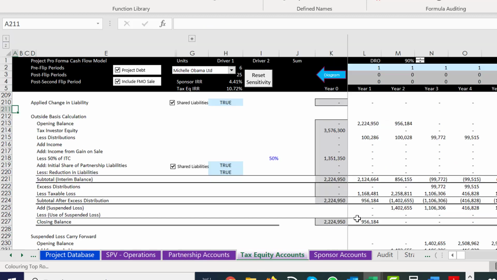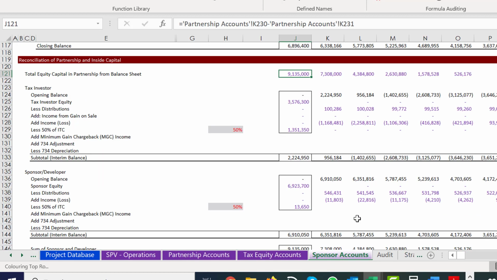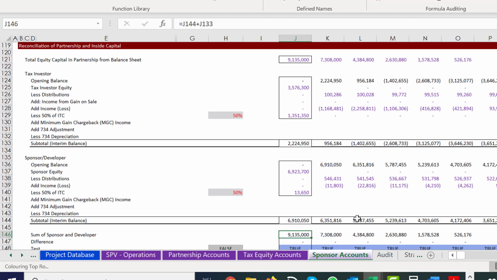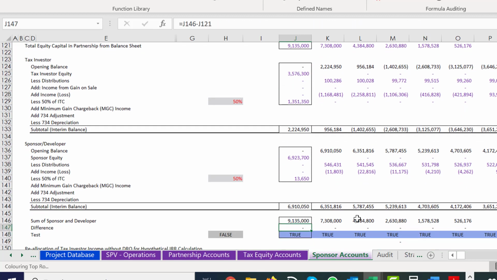Then we can compare and make sure that the balance sheet, the capital account for the tax investor, and the other one sum up to the same amount. It's like a big test. And then we have true, and I have a false over here that I'll have to deal with eventually.